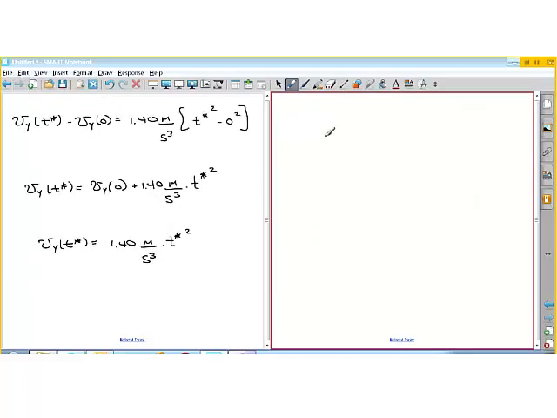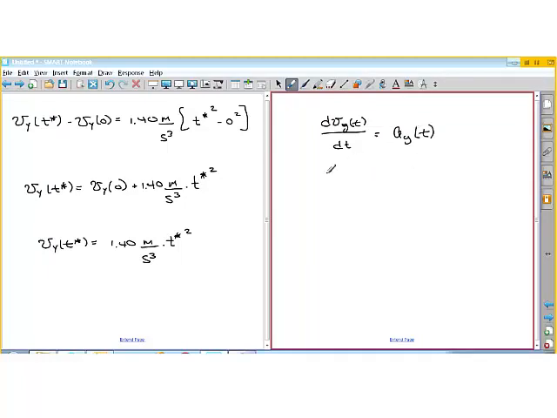So that's one way of doing it. The other way of doing it would be to say that the derivative of the velocity, dv y of t over dt, is the acceleration, so this is equal to the acceleration as a function of time.